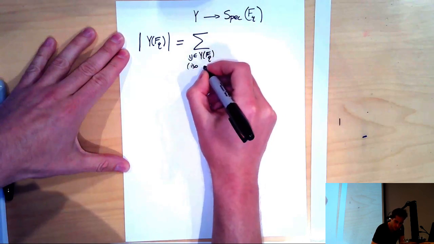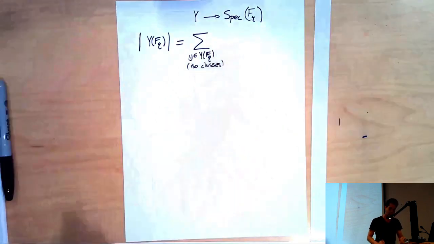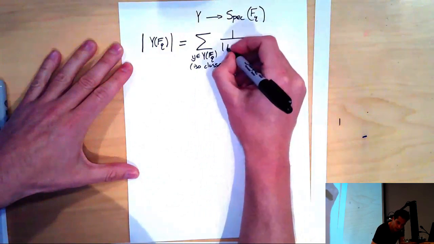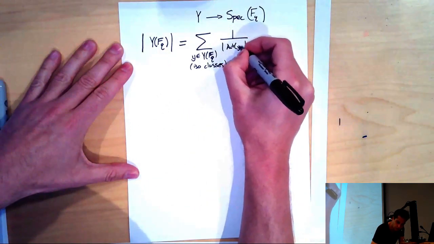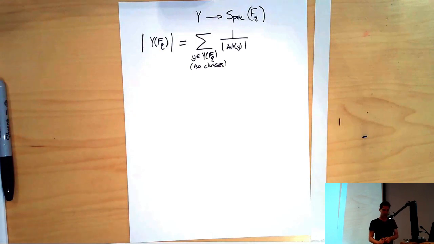Here, there's one term in the sum for each isomorphism class of objects, and then you take 1 over the size of the automorphism group of that object. Again, this is a natural way to count objects in the presence of symmetry.